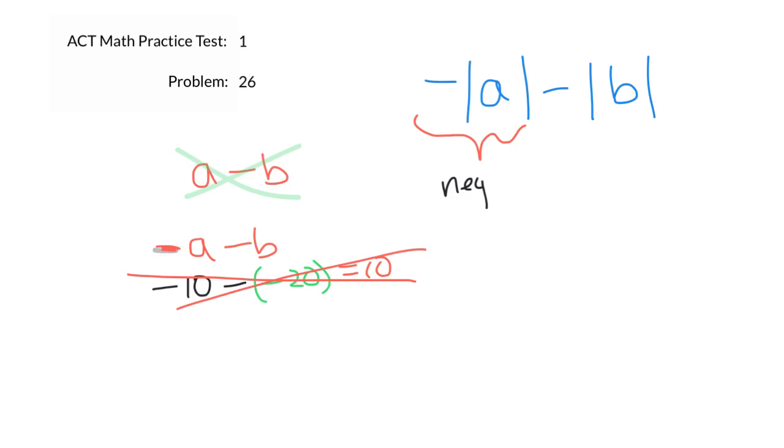And then it's going to be subtracting a positive number. It's not subtracting a negative number. Think about a negative number, like -1, subtracting a negative number. Well, that turns out to just be adding, doesn't it?